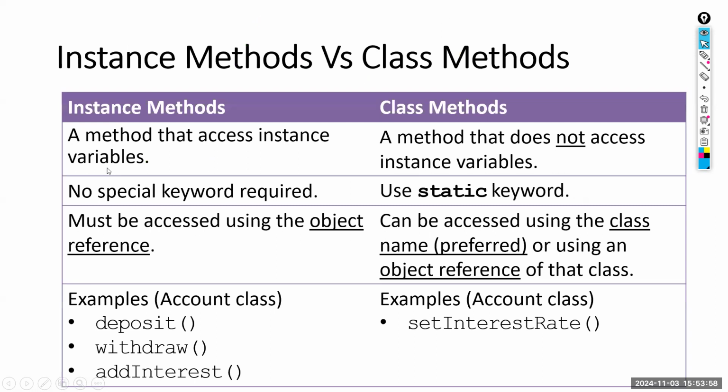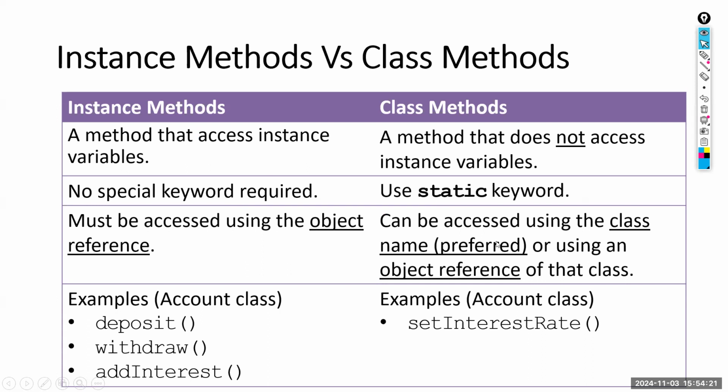So this is a comparison between instance method and class method. A method that accesses an instance variable, that means reads or writes it, is an instance method. A method that does not access instance variables is a class method. An instance method uses no special keyword; a class method uses the static keyword. An instance method must be accessed using an object reference.